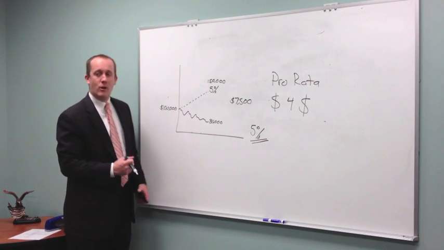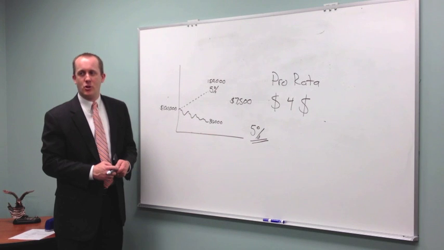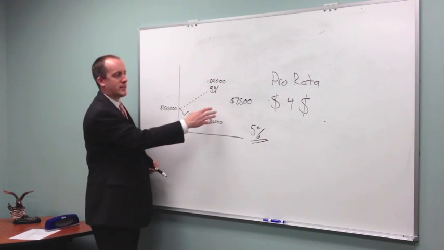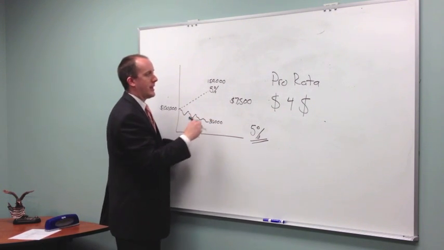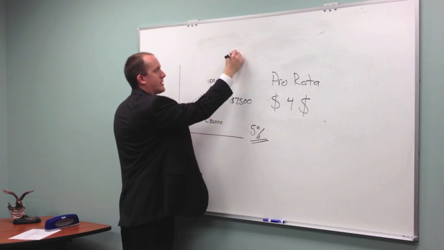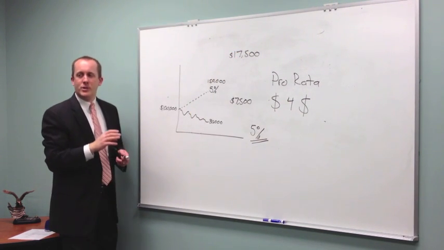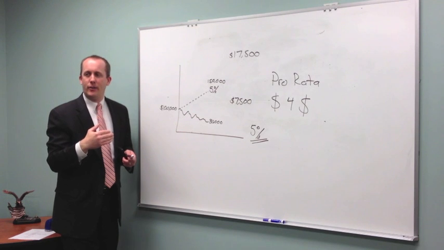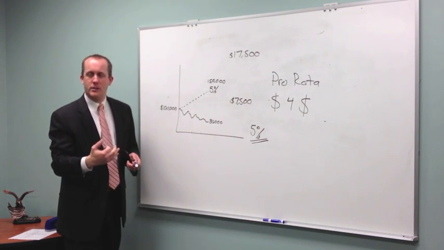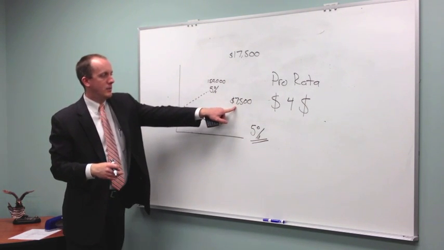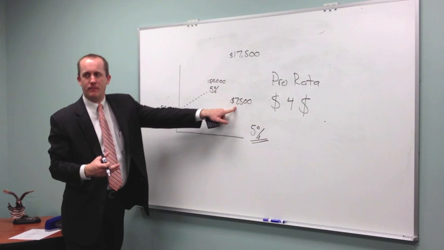Let's say a client runs into some sort of emergency in a certain year, and instead of $7,500, instead takes out $17,500. So they take out $10,000 of excess withdrawals above and beyond what they were guaranteed.